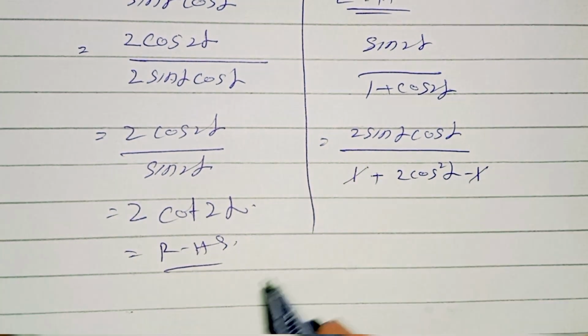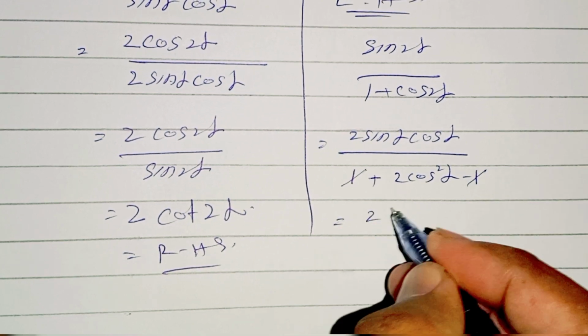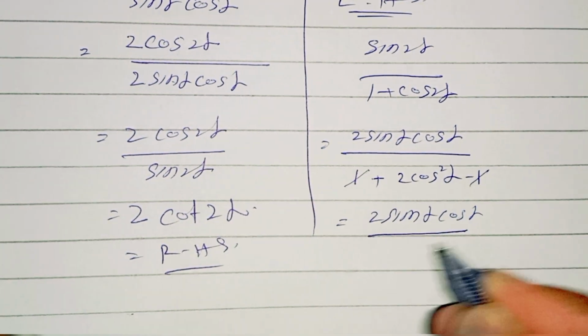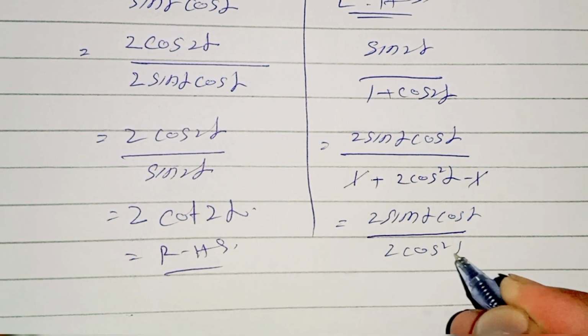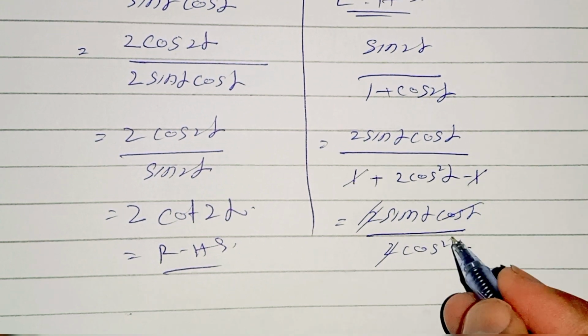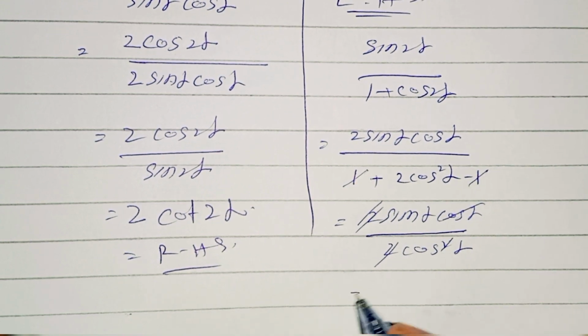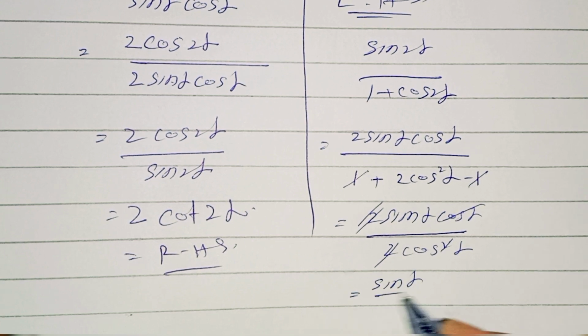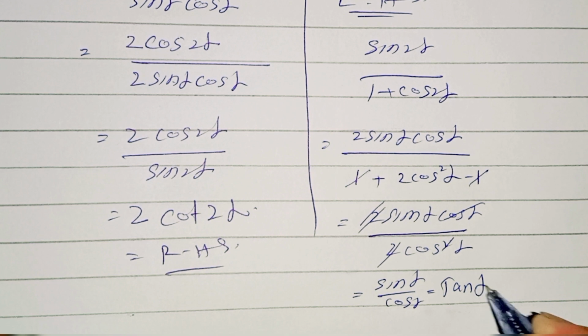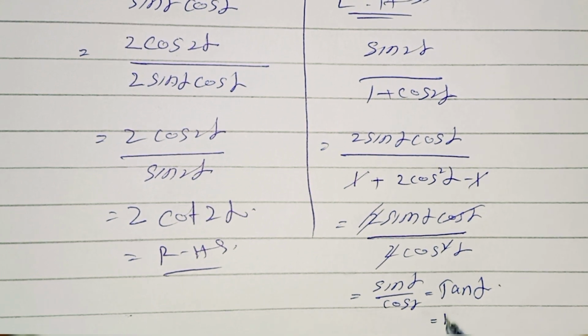Plus 1 and minus 1 cancel each other. We have 2 sin alpha cos alpha over 2 cos square alpha. 2 and 2 cancel each other, and cos alpha is cancelled by cos square. So we have sin alpha over cos alpha, which is equal to tan alpha. It is the required right hand side.